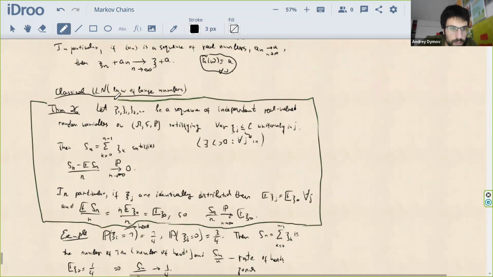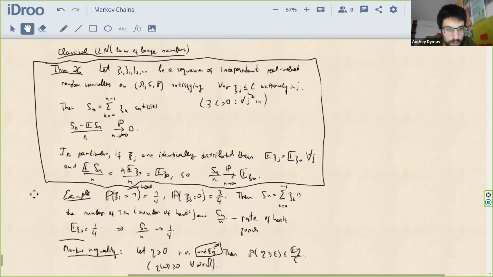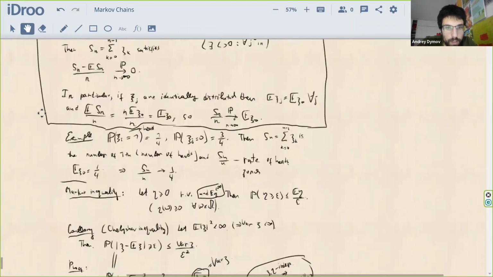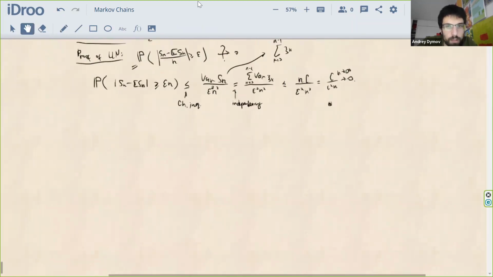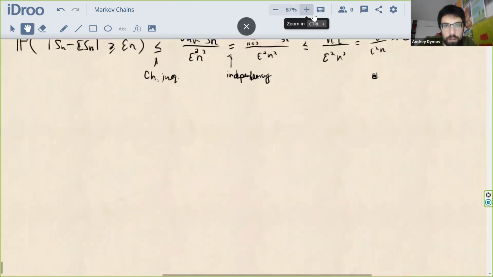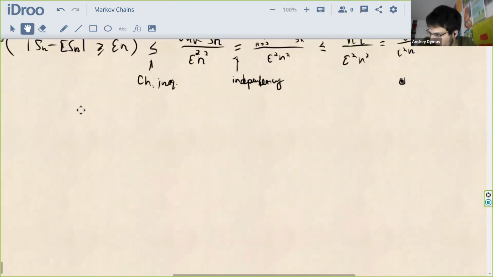The proof is more involved. I will not show it to you, but again, you can find the proof in any textbook. So now let us go to Markov chains.